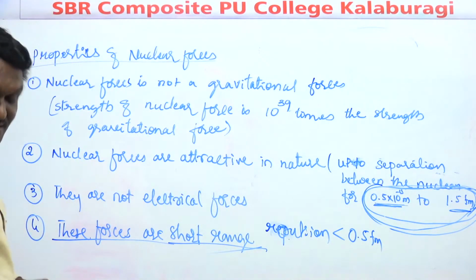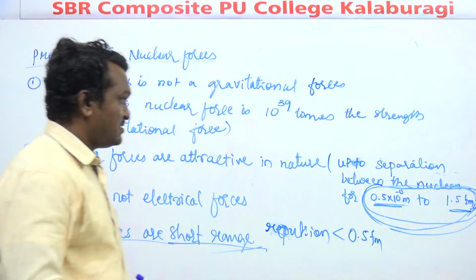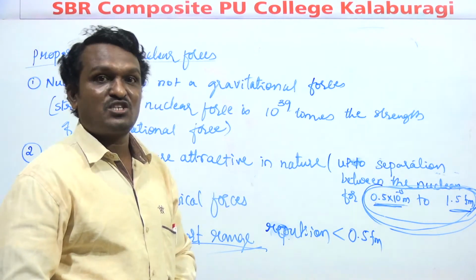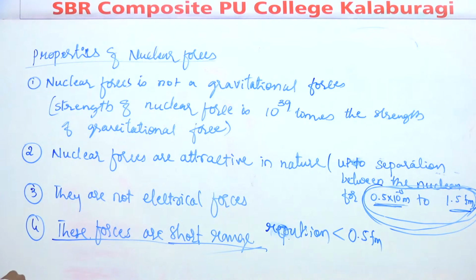First, nuclear forces are not gravitational forces, because the strength of the nuclear force is 10 to the power 39 times the strength of the gravitational force. Nuclear forces are attractive in nature provided the separation between the nucleons is kept in mind. Nuclear forces are not electrical forces.